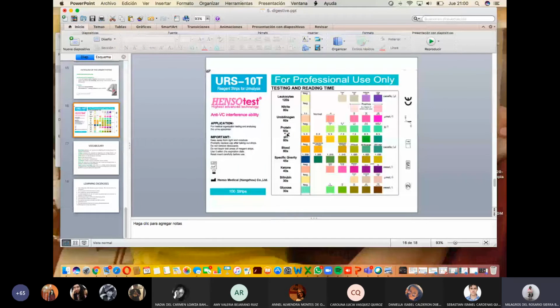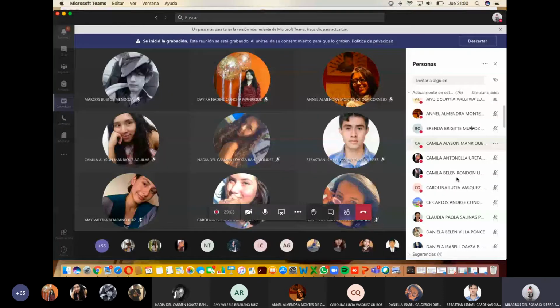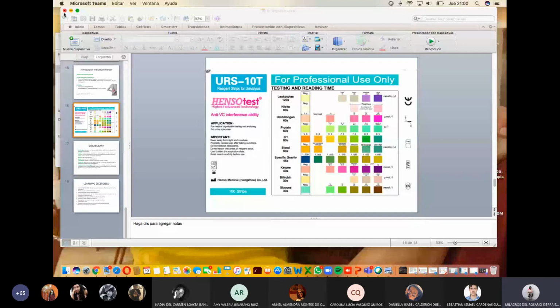What do you think if you find protein in the urine? Do you know what that is called? There's a specific name. Proteinuria. Very good. So there are some diseases that are related with proteinuria. Does someone know some of them? There are different diseases, a lot.